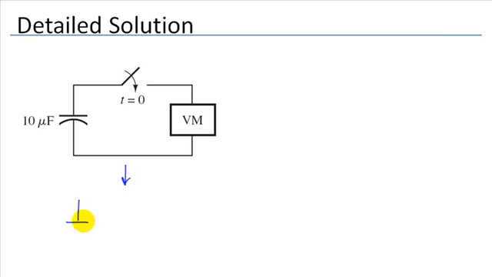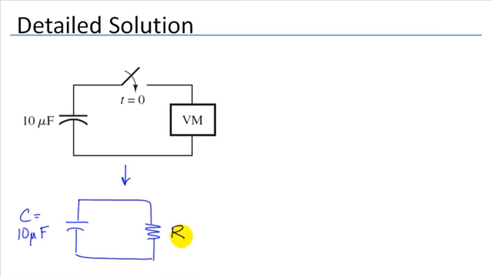After the switch is closed, we can redraw this circuit as a capacitor connected in parallel with a resistor. The resistor models the input resistance of the voltmeter. The capacitor voltage Vc exists across both the capacitor and the resistor.